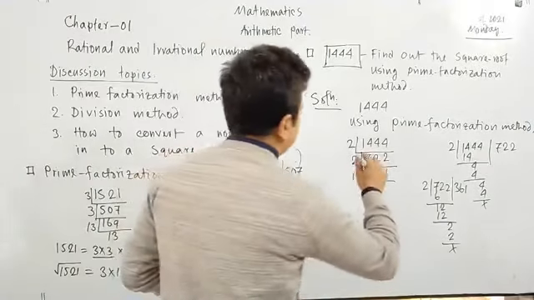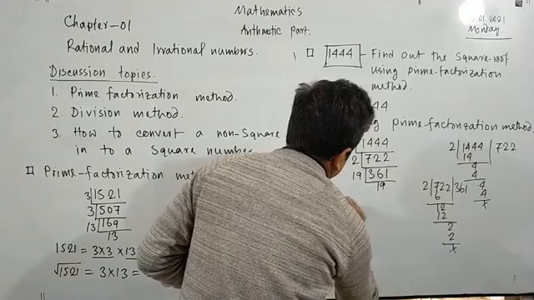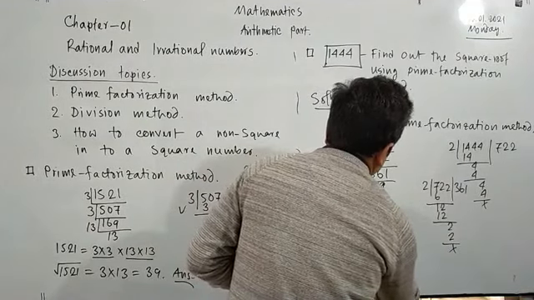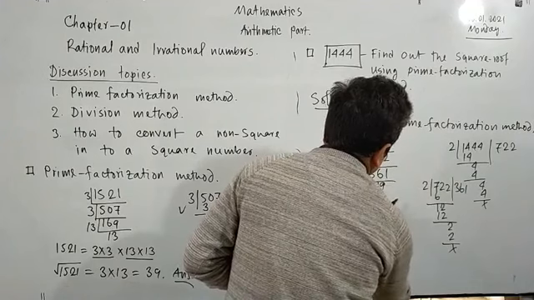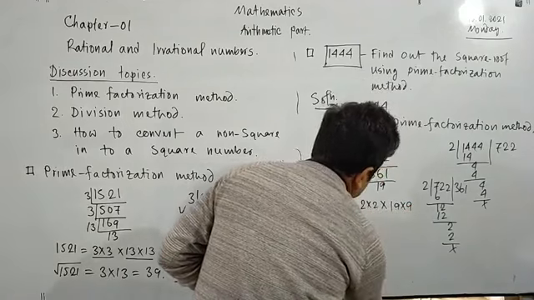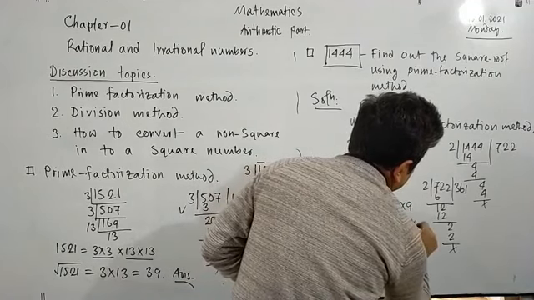So now we can write, look at this here: 144 equals 2 into 2 into 2 into 2 into 19 into 19. We can write pairwise: 2 into 2, 2 into 2, 19 into 19.